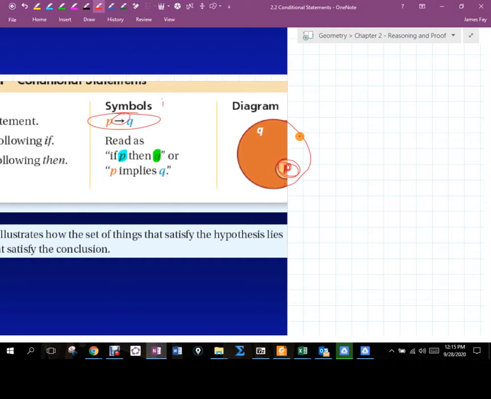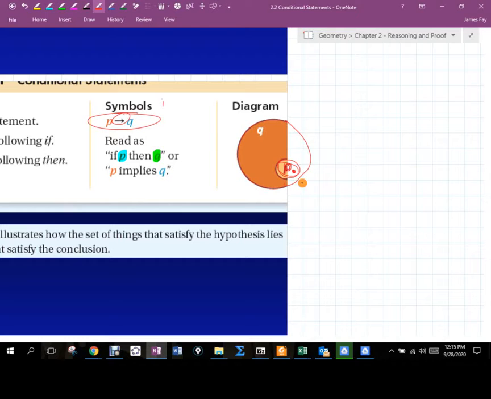And that's the only way that we get a true statement with these conditionals, is if I choose a point that is inside here that meets the hypothesis, therefore it will meet the conclusion. Okay? Any point that's inside that little circle P, any statement in there, will then satisfy the conclusion.